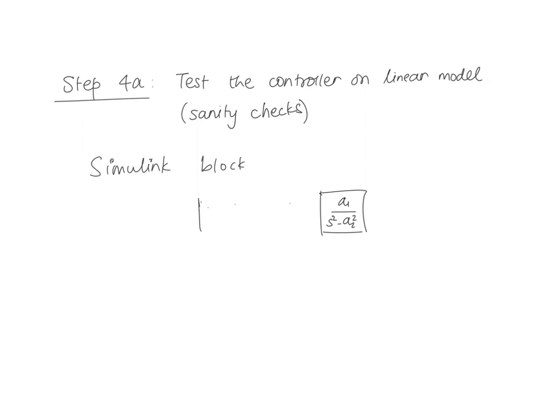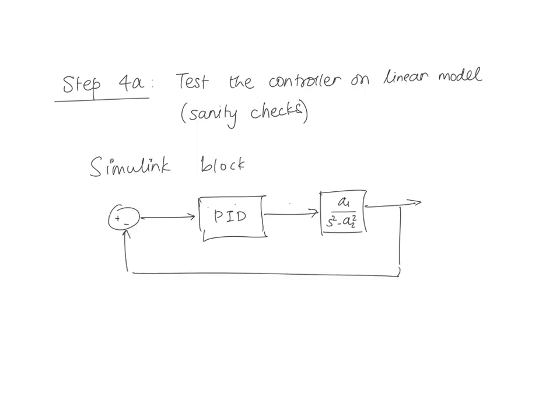You did the linearization in the previous homework. Put a PID block here and set the gains of this PID block to what you found in the previous step 3.